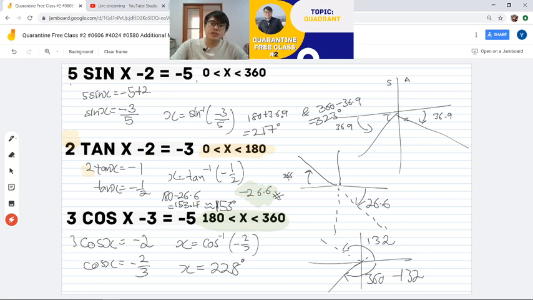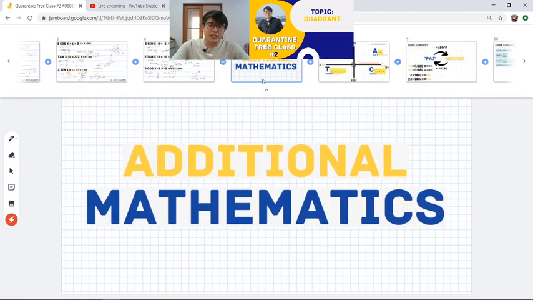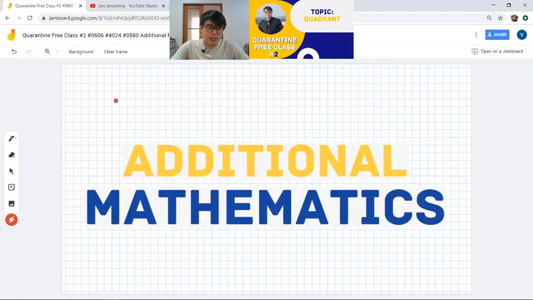Okay, so this is pretty much it for mathematics part. If you're not taking additional mathematics, the rest is irrelevant to you. Hopefully you understand the details on how they will assess you on this question already. A couple of things to take note: when you get a question, first look at the range.